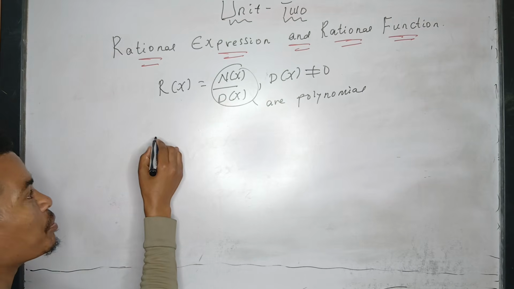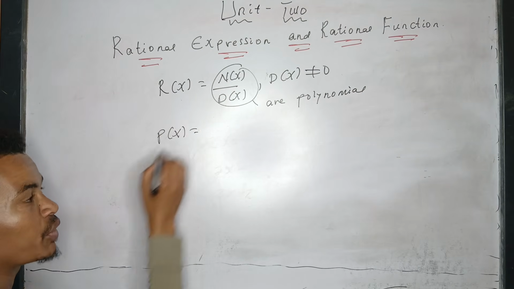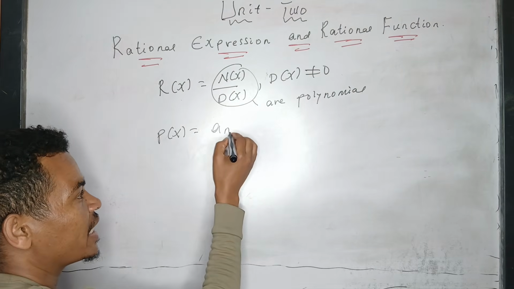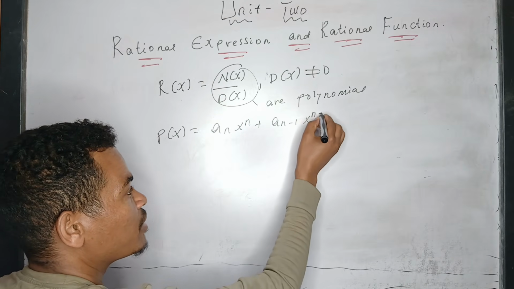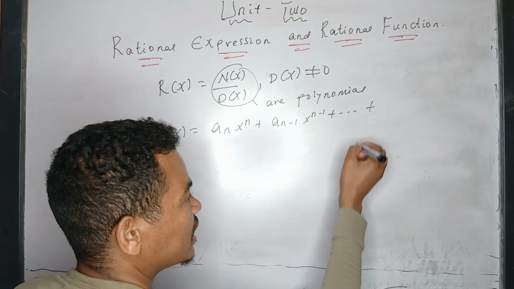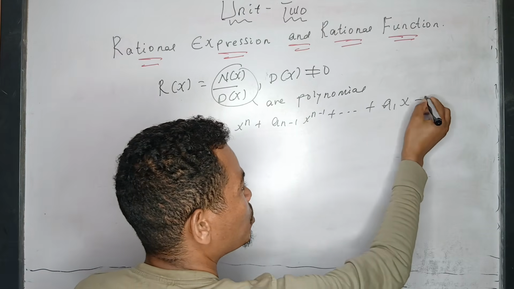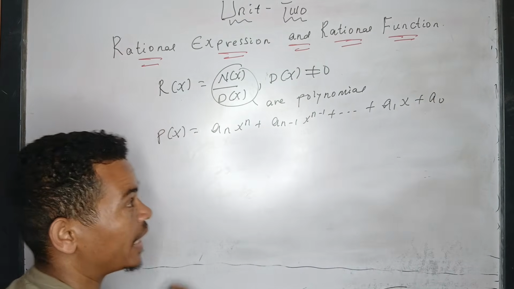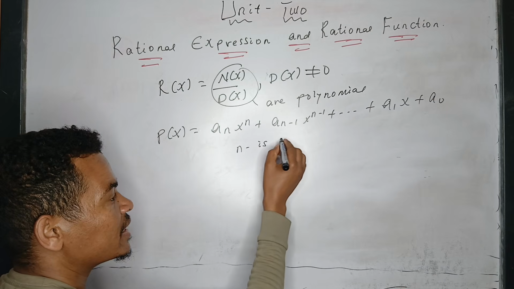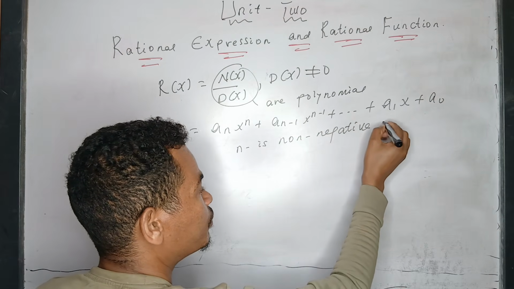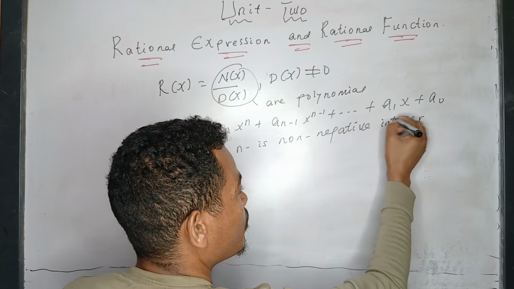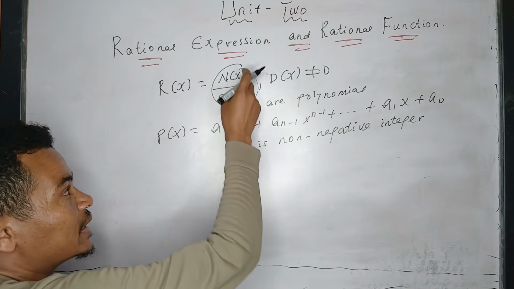That means a polynomial function can be defined as p of x equals a_n x to the power of n plus a_(n-1) x to the power of n minus 1, and so on, plus a_1 x plus a_0, where n must be a non-negative integer.